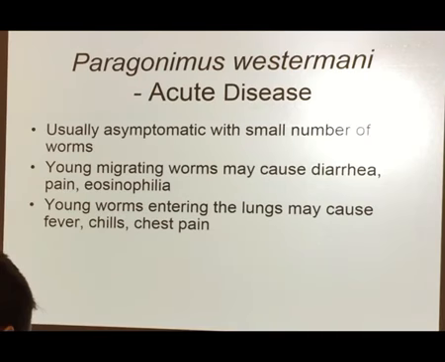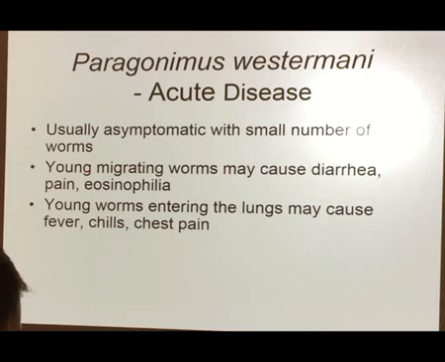So because of this invasive behavior of the larvae that occurs soon after infection, there is the potential for Paragonimus to cause acute disease, just like Fasciola. Usually, this is asymptomatic, but disease can occur if a sufficient number of metacercariae are all ingested at the same time.